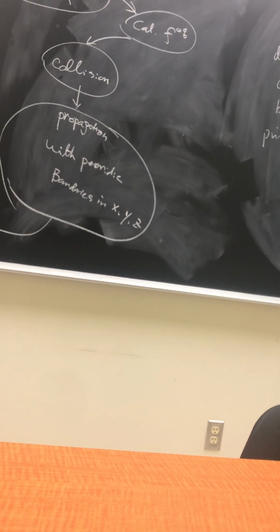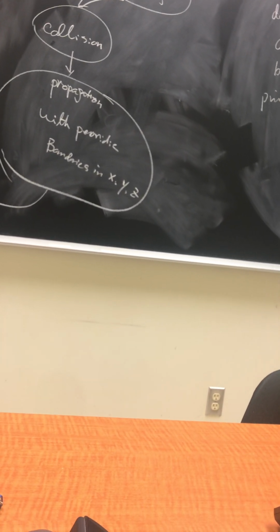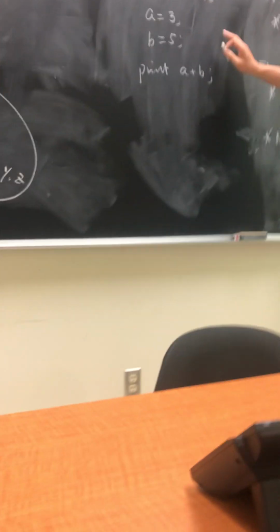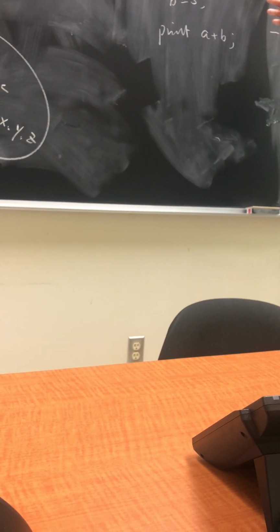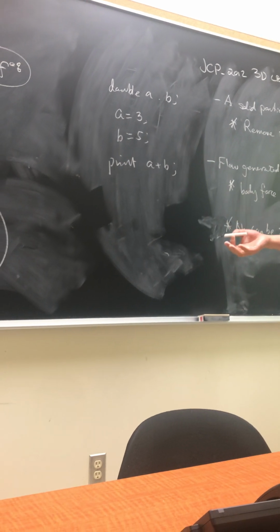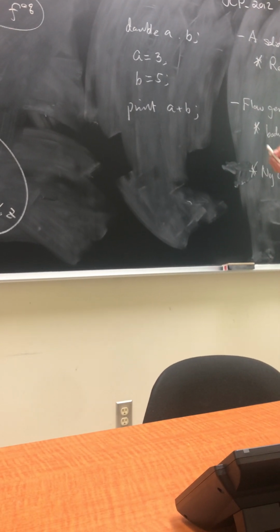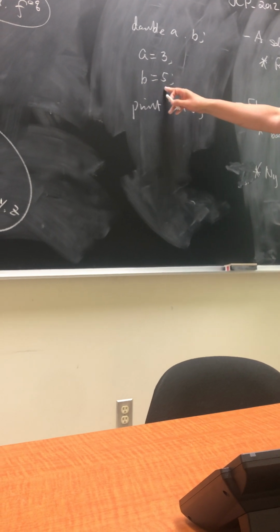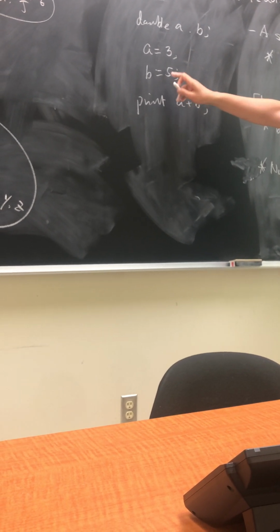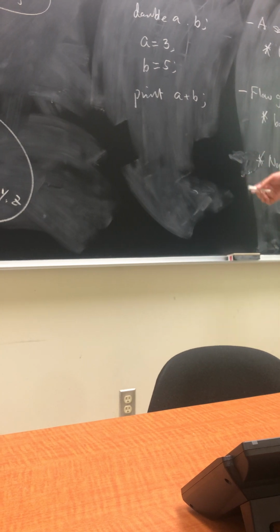So right now the program says it is 8, and I say I want to change the program so that instead of 3 and 5, it is 3 and 10. Clearly we need to change the value for B. So there are 2 ways.